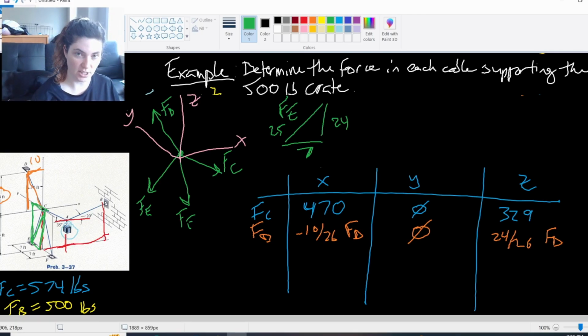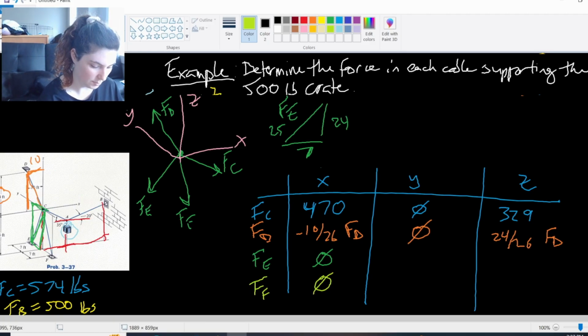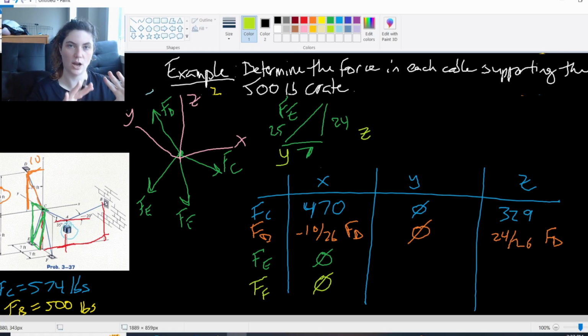So when I'm setting these up, I'm setting them up exactly the same, right? So FE is going to have no x component, entirely in the zy plane. And we can say the same for FF. No x component, entirely in the zy plane, right? Because in this case, the 24 here is our z component, and this is our y component. So all we've done is reorient the triangle so that we can see it face on.